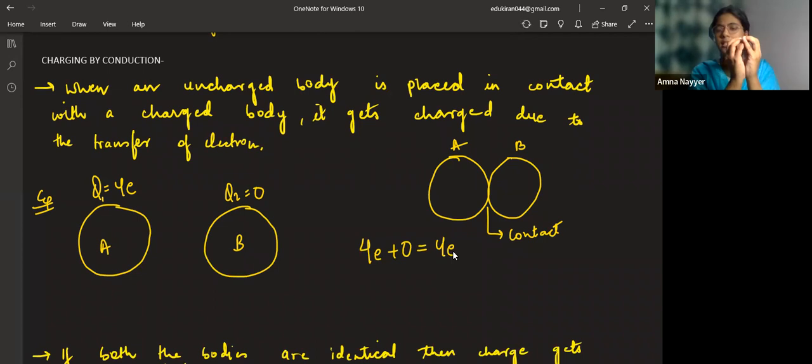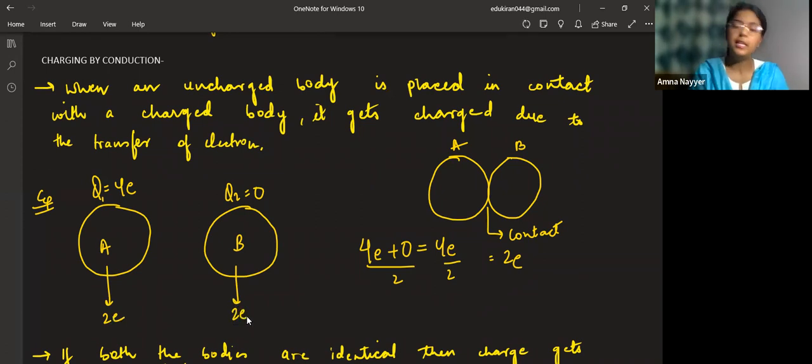So distribute it into 2. Give one part to body A, second part to body B. So simply divided by 2, that will become 2e. It means after placing them in contact with each other, A will have 2e, B will also have 2e. Now no more transfer of charge occurs.